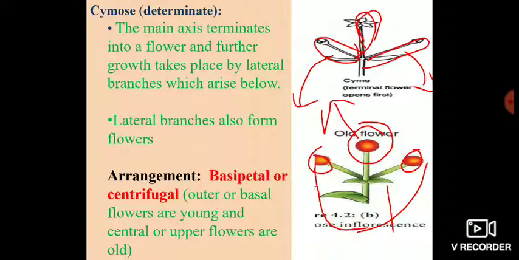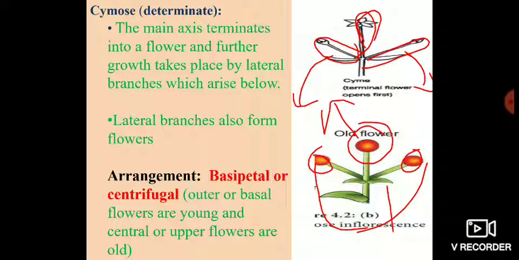I'm going to repeat. In cymose type of inflorescence, the bud of the main axis terminates into a flower, and further growth of inflorescence occurs by the lateral branches which give rise to flowers. And the arrangement of flowers in cymose inflorescence is basipetal or you can say centrifugal.